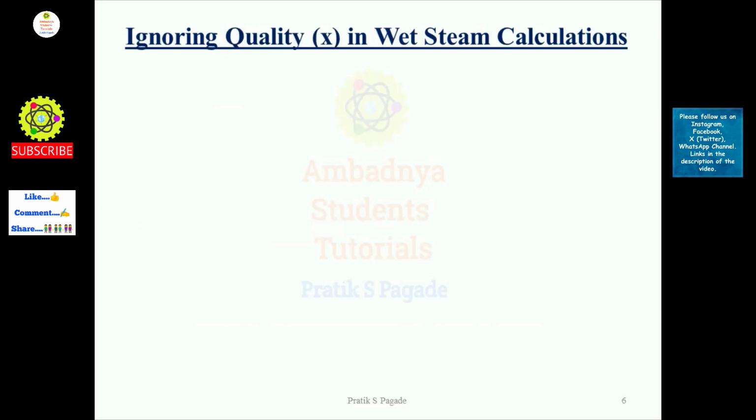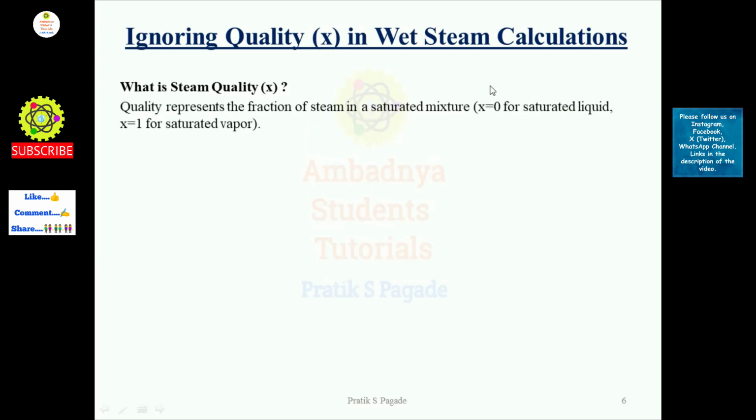Further, ignoring quality x in wet steam calculations is also very important, students. We need to calculate the steam quality. What is steam quality? Quality x represents the fraction of steam in a saturated mixture.